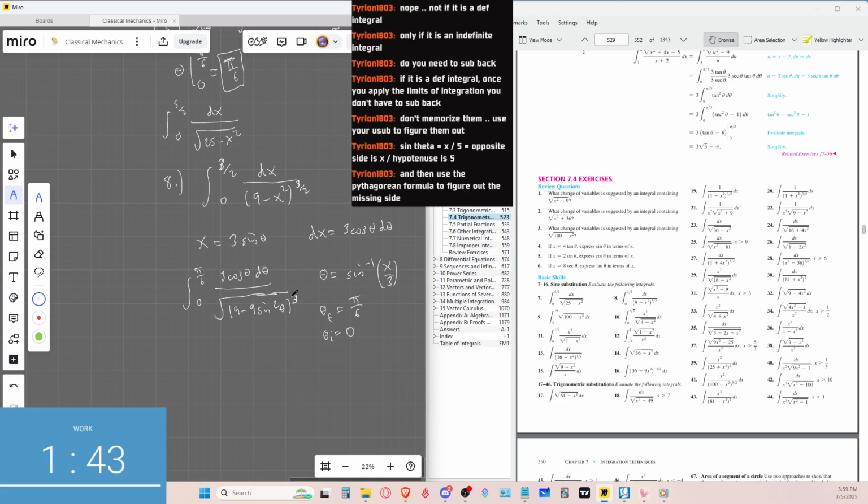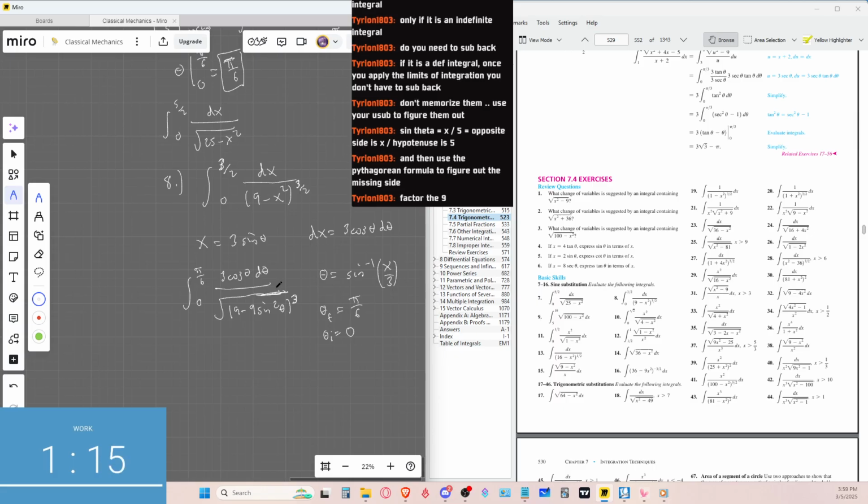So the thing is that we got this 3 in here. That's going to cause some issues. We can remove it one way or another, but then it would look like a totally different integral, though.